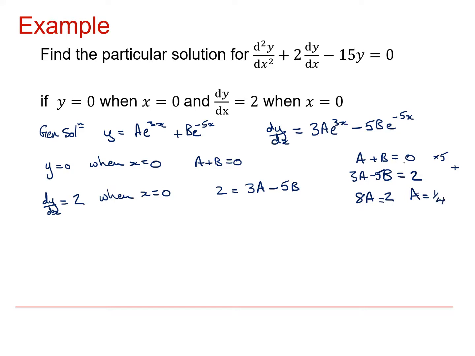And from here I can see that a is equal to minus b, so that's going to give me that b is equal to minus a quarter. And so the particular solution for those initial conditions is going to be y is equal to 1/4 e to the 3x minus 1/4 e to the minus 5x.